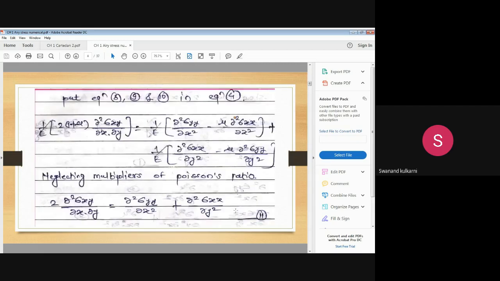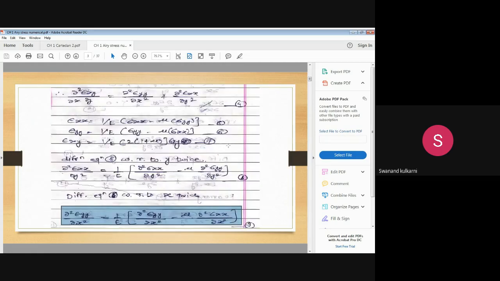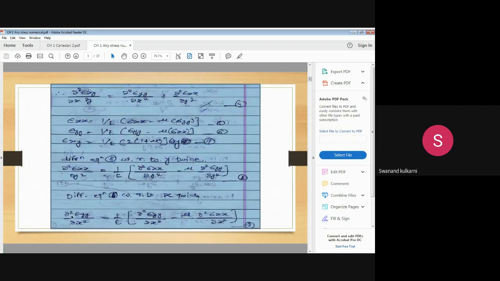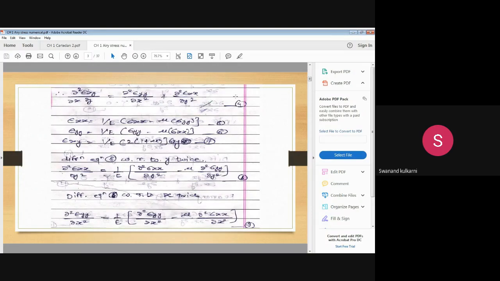Is it okay? Then let us substitute equations number 8, 9 and 10 in equation number 4. Equation 8 is related to dou 2 epsilon xx upon dou y2, and similarly equation 9. We are going to substitute equation 8 and equation 9 in equation number 4.